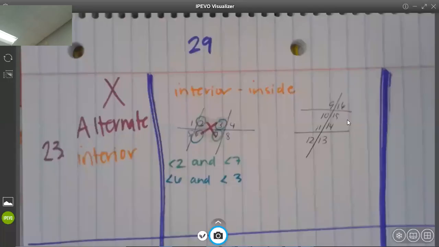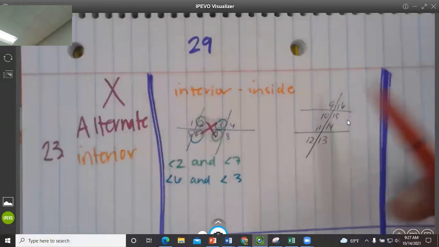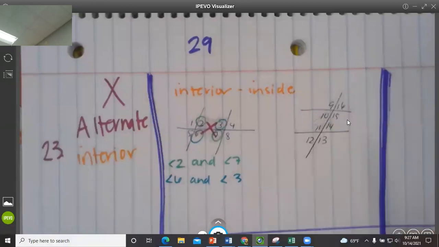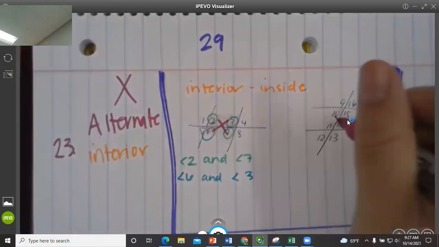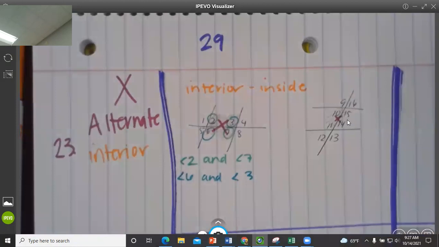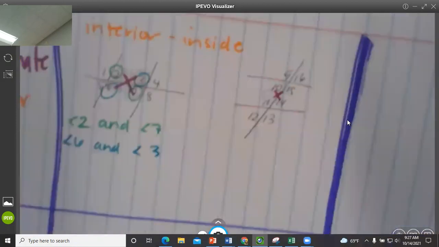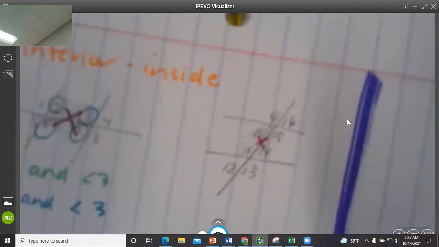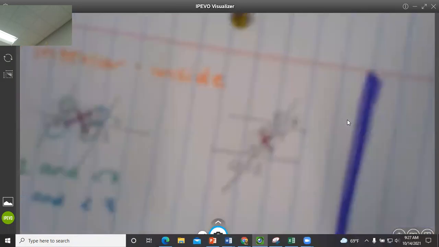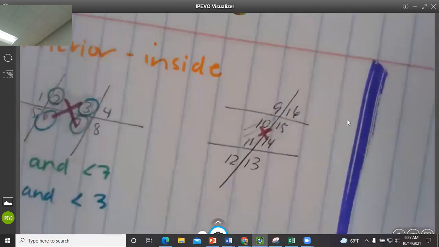All right, so here's the inside. A lot of people had that colored in when I walked around. Okay, you're going to make an X. So let me zoom in. Some people did not have the numbers, and I know it's probably hard to see from far away. So let me call a couple people.